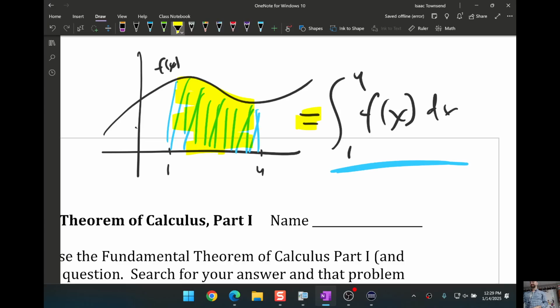I think we're supposed to find the area. If you think about the area of that, look, negative 2 times 2 divided by 2.